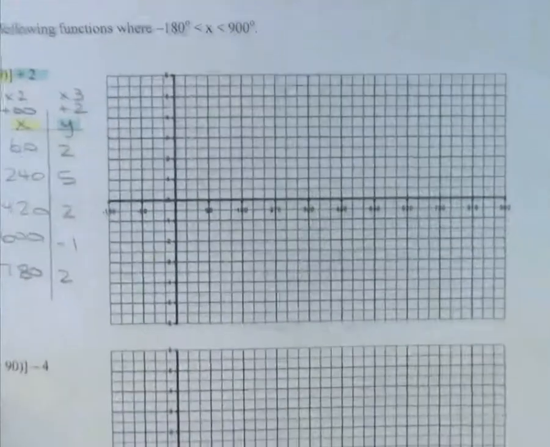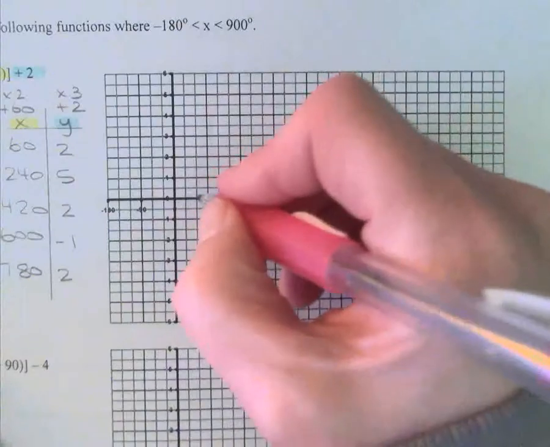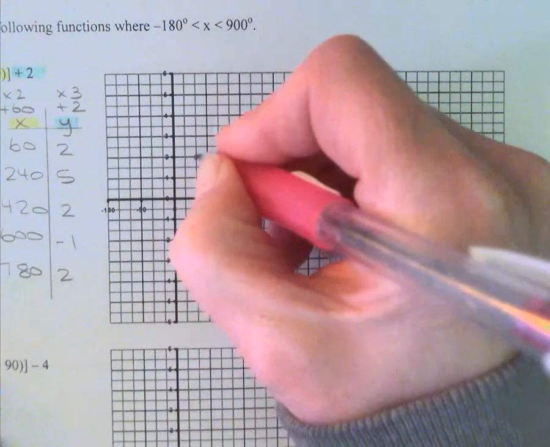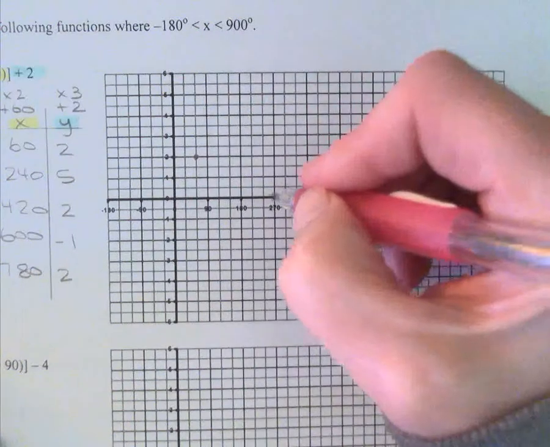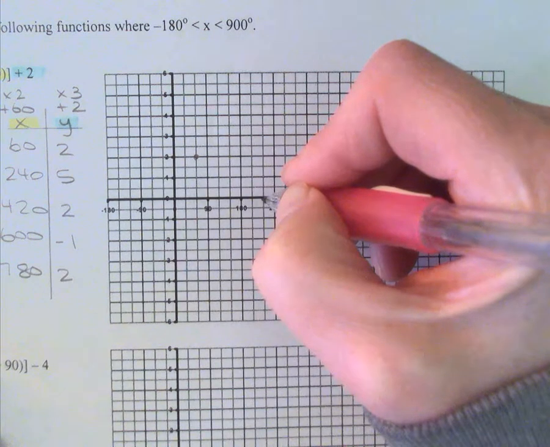So now I can graph those values. Remember, the scale is going up by 30 degrees. So I have 60 and 2. 240 and 5.